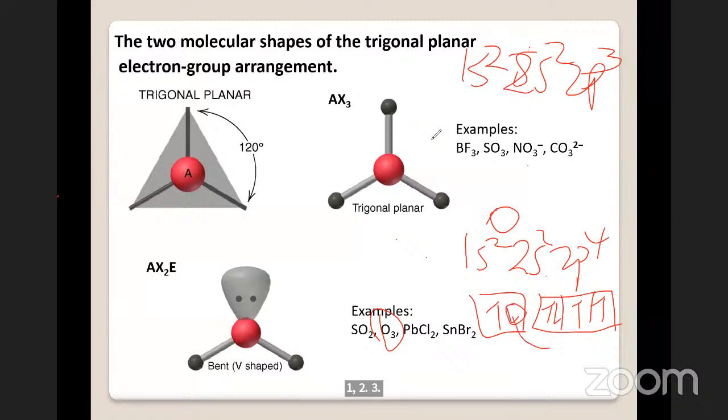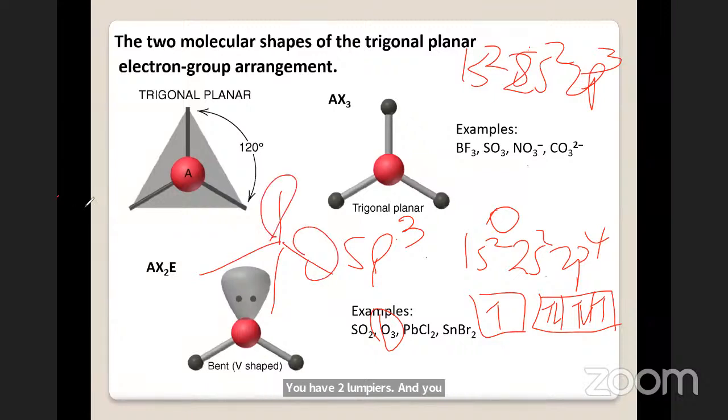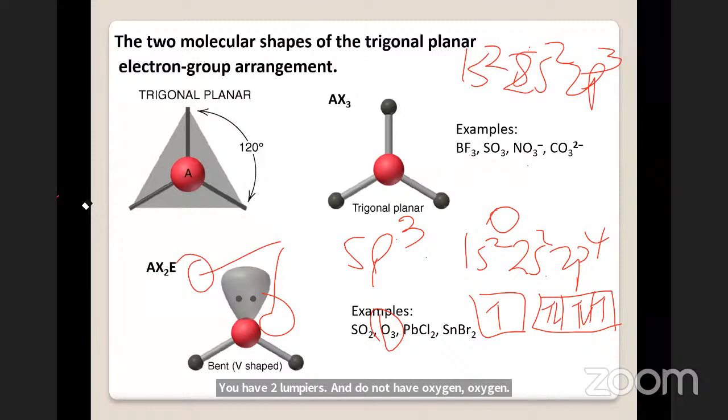When you promote this electron here, you have two lone pairs. So it will now be sp3 hybridization with 2 lone pairs. So instead of 1, 2, 3, 4, you have 2 lone pairs, and you now have oxygen there, where your oxygen is the one at the center, just like you have in the case of water.